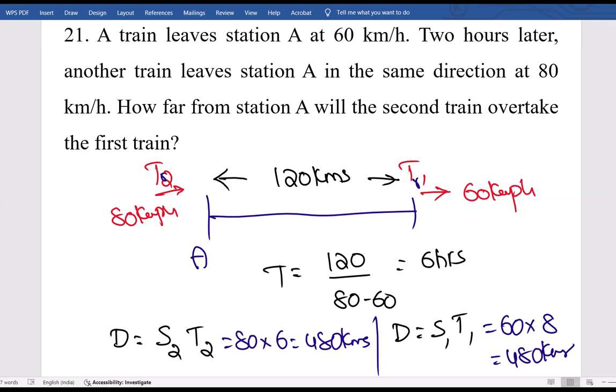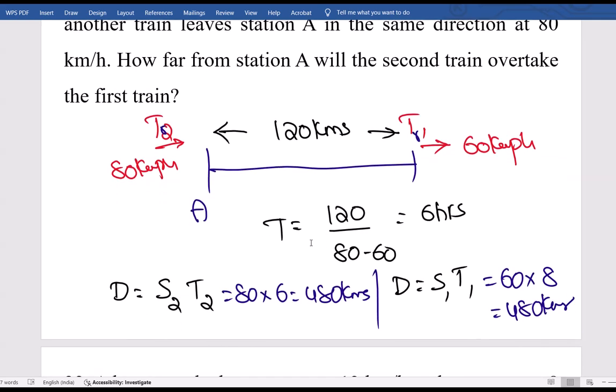You can take S1 T1 or S2 T2. In S1 T1, you should be very careful about that extra 2 hours. Initially the second train started 2 hours later. Distance is second train speed into second train timing. Or distance is first train speed into first train time traveled: 60 into 8, not 6, so 480 kilometers.